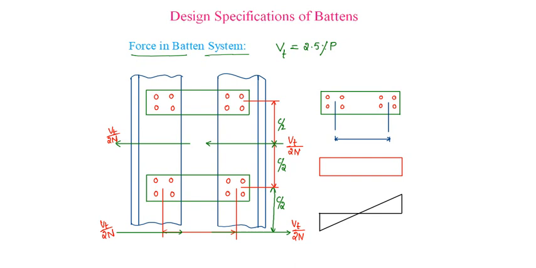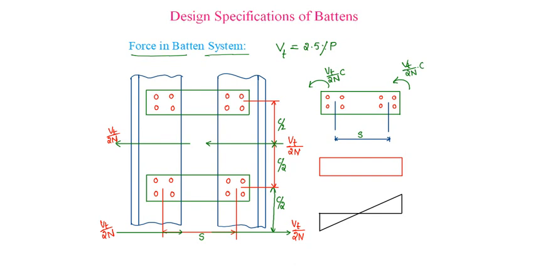Let us say the center to center spacing between the bolts is capital S, then this is capital S. Due to this Vt by 2n, there will be a moment or couple created which is equal to Vt by 2n into the distance between the forces, C. So this way also there is a couple Vt by 2n into C created.